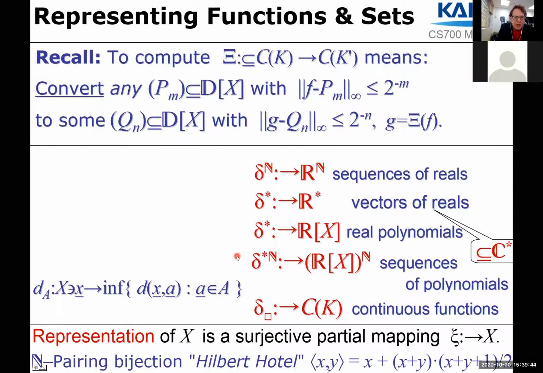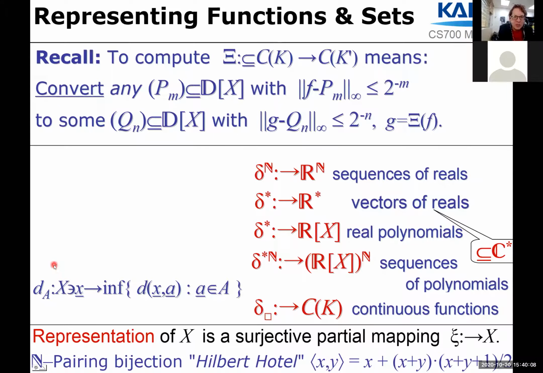And remember that we also talked about computability of sets. And one way to study and investigate computability of sets was by means of this fuzzy distance function, right?